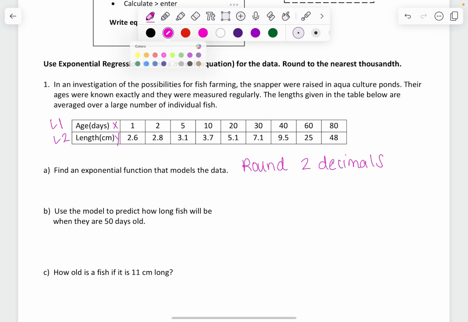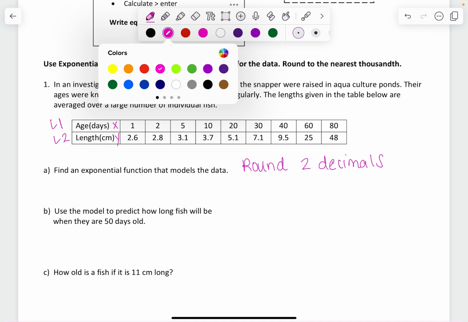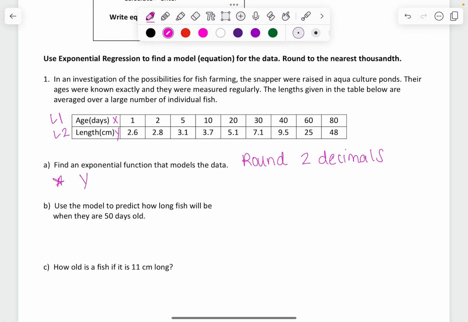All right, so let's see. I know that my formula is y equals a b to the power of x. So when I write my equation, it's going to be y equals, I'm going to round. Okay, so it's 2.5 times 1.04 to the power of x.